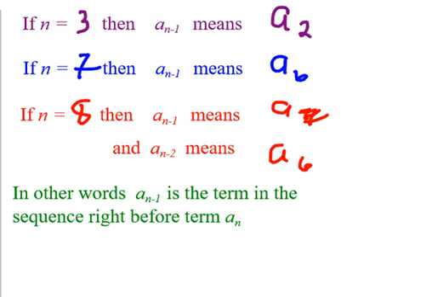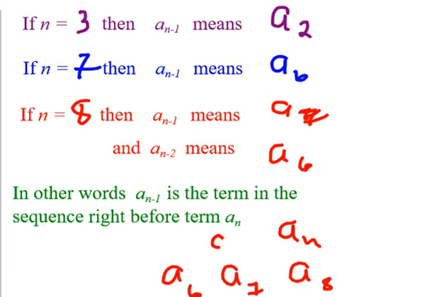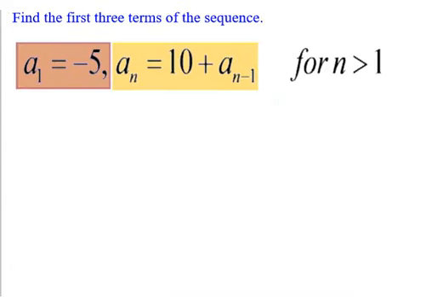In other words, if we think about our list, if a8 is down here, the number right before it is a7, and the number right before that would be the 6th term. So again, this could be our a sub n. This would be the a sub n minus 1, and this would be the a sub n minus 2. That's sort of the idea. I hope that makes sense. So now we've talked about that notation a little bit, let's look at some examples.